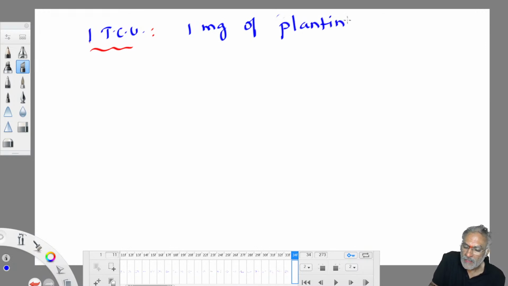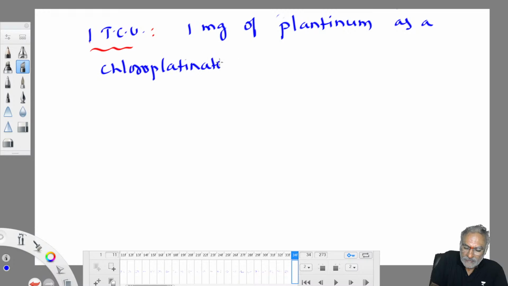So platinum we mix in water, that produces some color. If you mix 1 milligram of platinum as a chloroplatinate ion in 1 liter of distilled water, whatever color it produces is taken as 1 TCU.